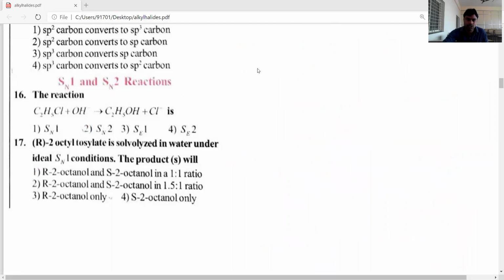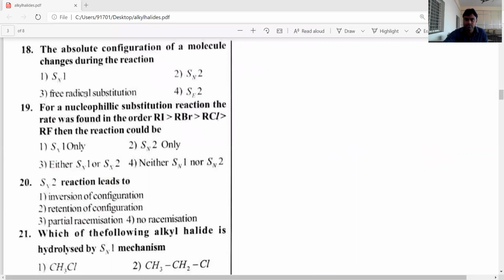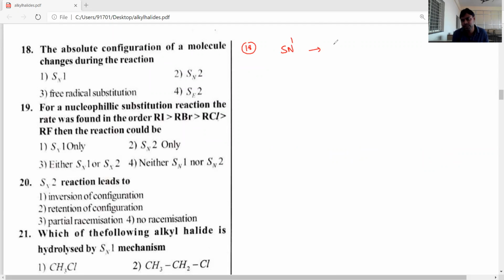Okay, let's go for the next question. The absolute configuration of the molecule during the changes. Let's see the 18th question. In SN1 mechanism, racemic mixture will form.